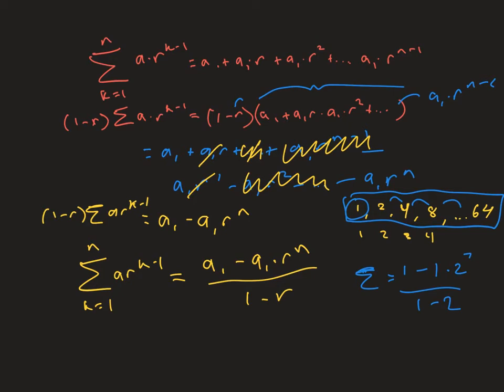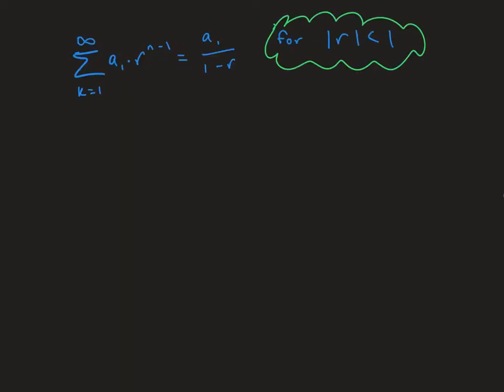Now we're going to do a similar formula, but for when we don't have n terms. Instead, we have an infinite amount of terms. So now we're going to look at this infinite series. We have an infinite number of terms. They never end. There's an infinite amount, and we're going to find the sum of that sequence. So here I've written our sigma.